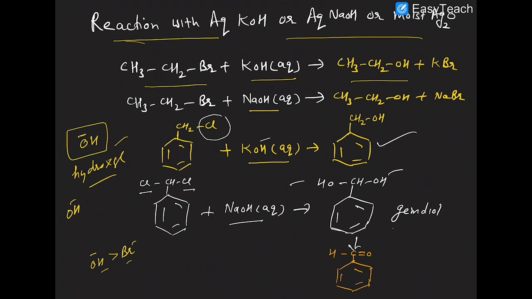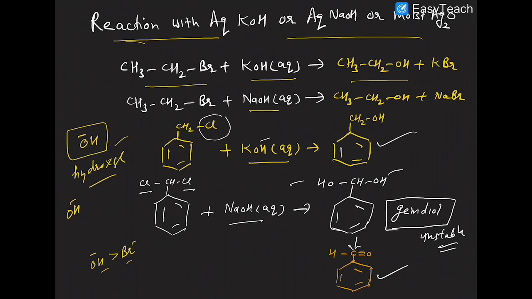Now as you know, gem diols are highly unstable because one carbon atom cannot hold two hydroxy groups. So immediately loss of water will take place and you have the formation of a carbonyl group.